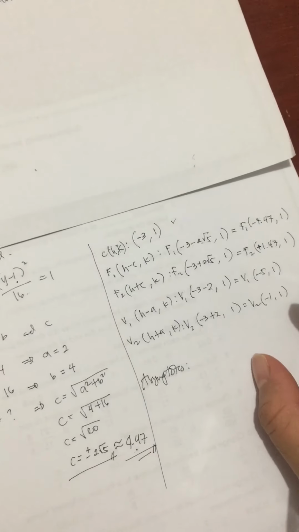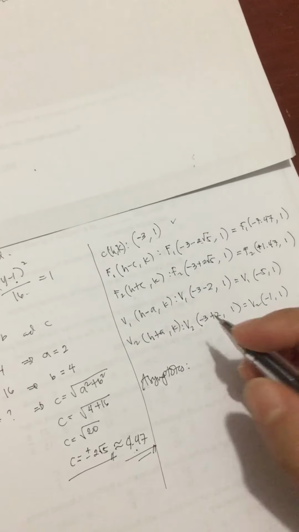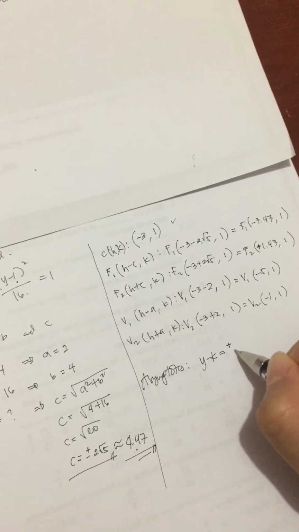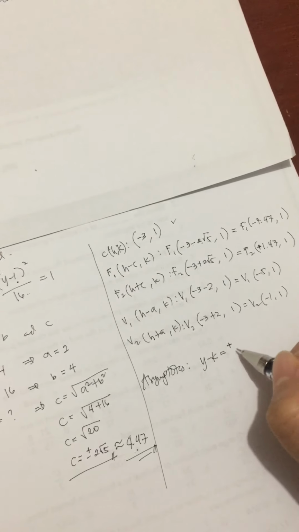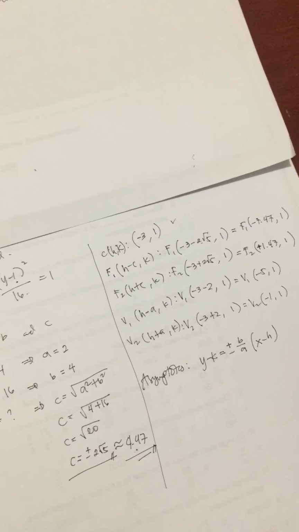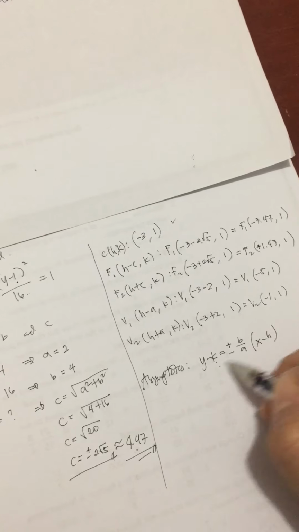Then, for our asymptotes, okay? So, this is horizontal nga, no? Horizontal. So, we are going to make use of the equation for the asymptote. y minus k equals plus or minus b over a, x minus h. Okay? So, substitute the value for your k and your h.